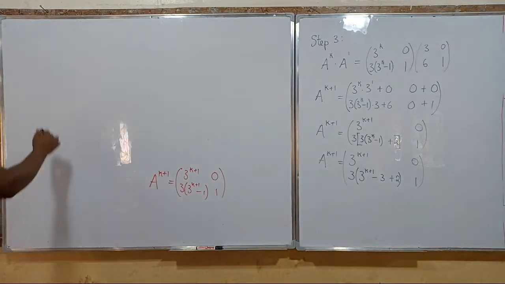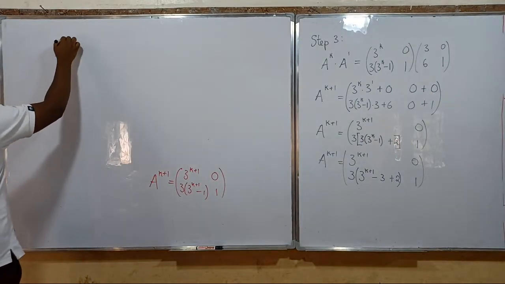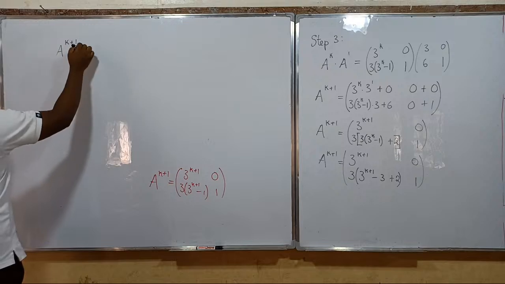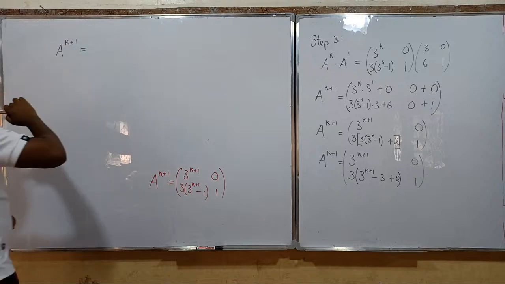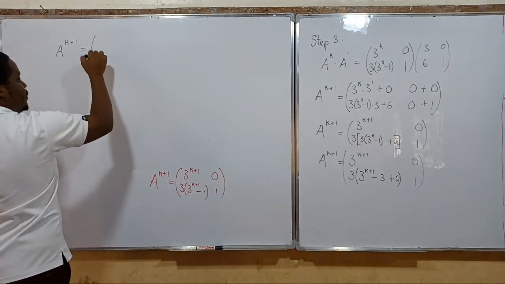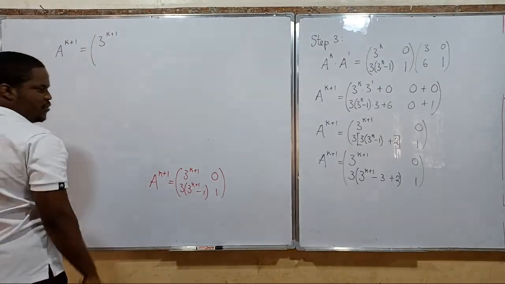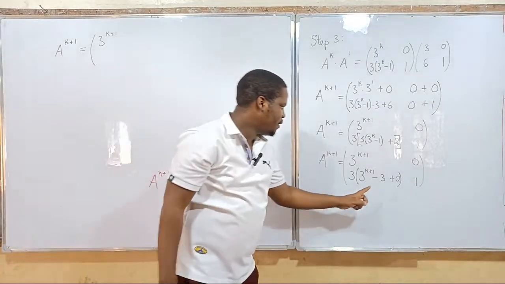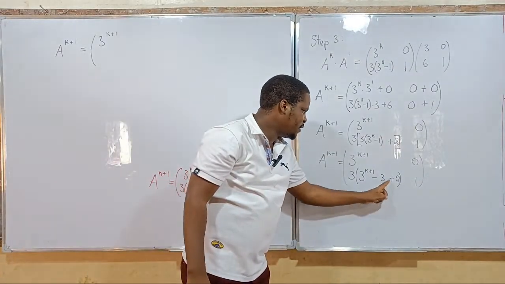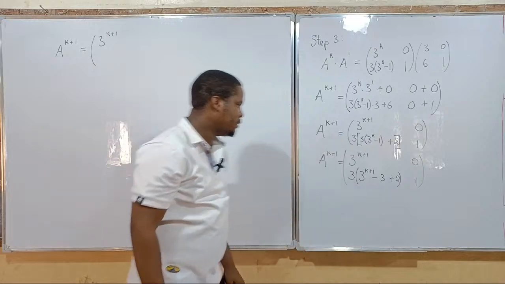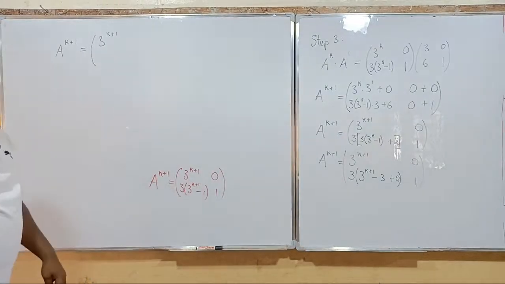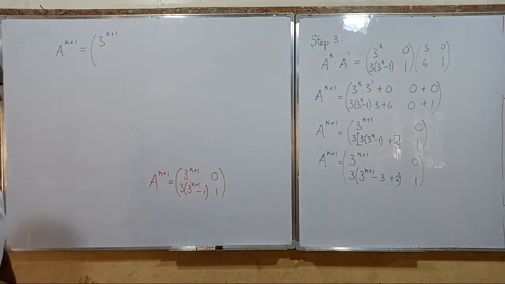Okay. Let's move on. So A to the power k plus 1 will be equal to, open bracket, 3 to the power k plus 1. So down here now, what happens? We'll see that this and this, if they add, what do we get? A negative 1, isn't it? Negative 3 plus 1, what do we get? Negative 1.